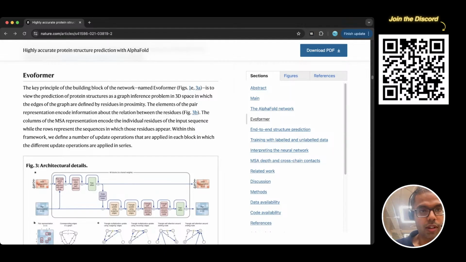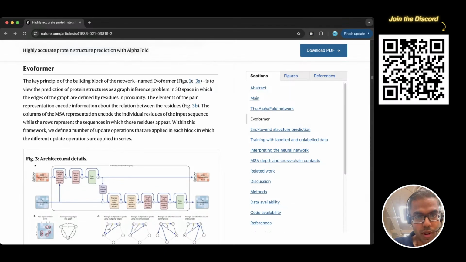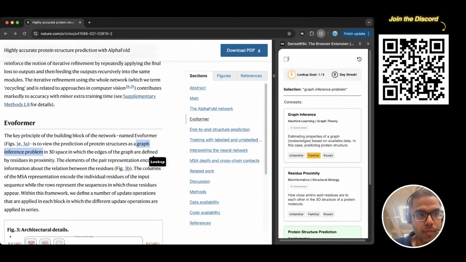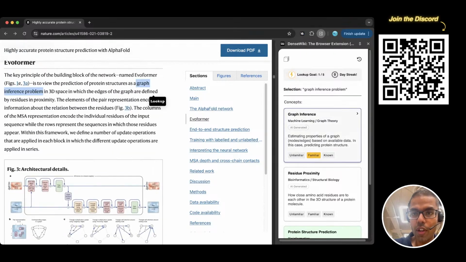Alright, let's read it together. The key principle of the Evoformer is to view the prediction of protein structures as a graph inference problem. We already saw what a graph inference problem is: in 3D space, it means you are trying to estimate the properties of a graph based on whatever information you have.